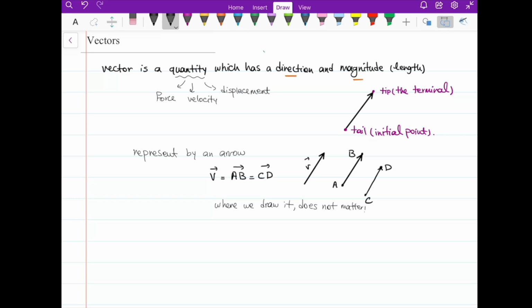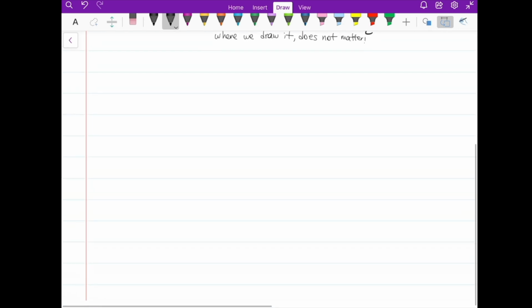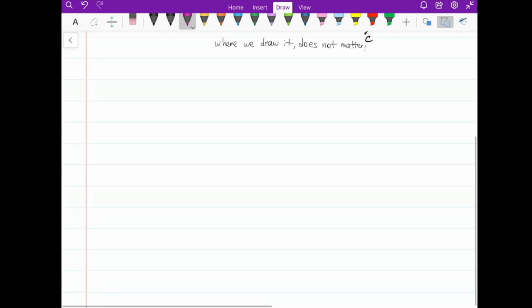Okay. We can also express vectors by components, in coordinate system.